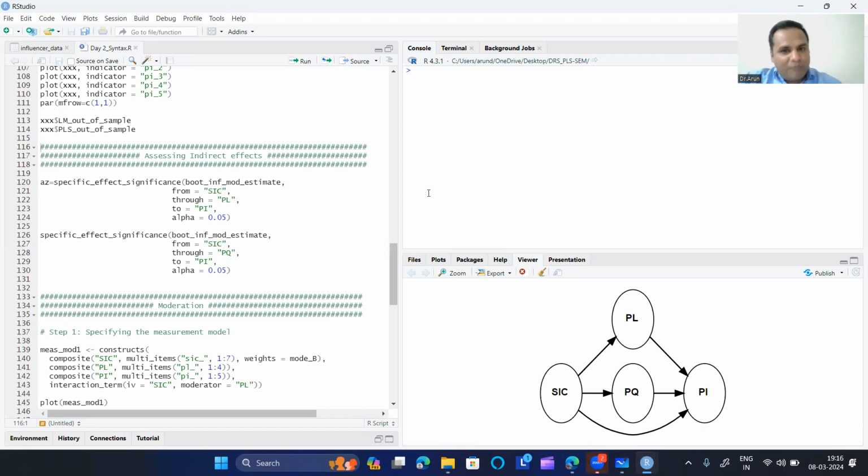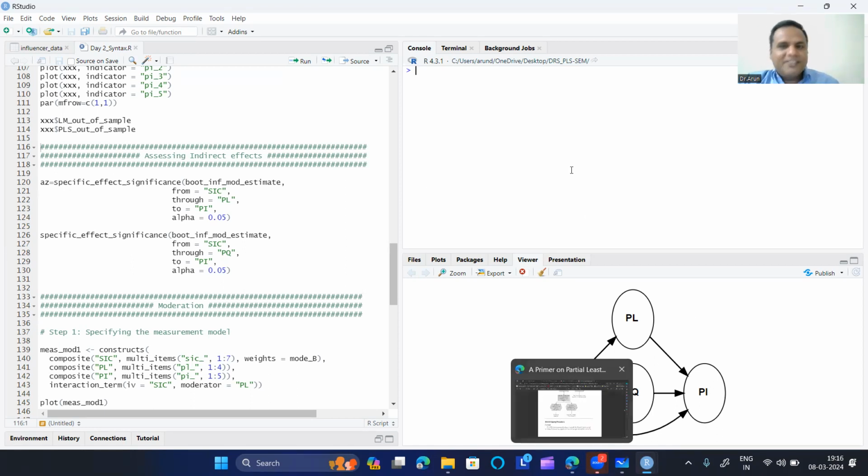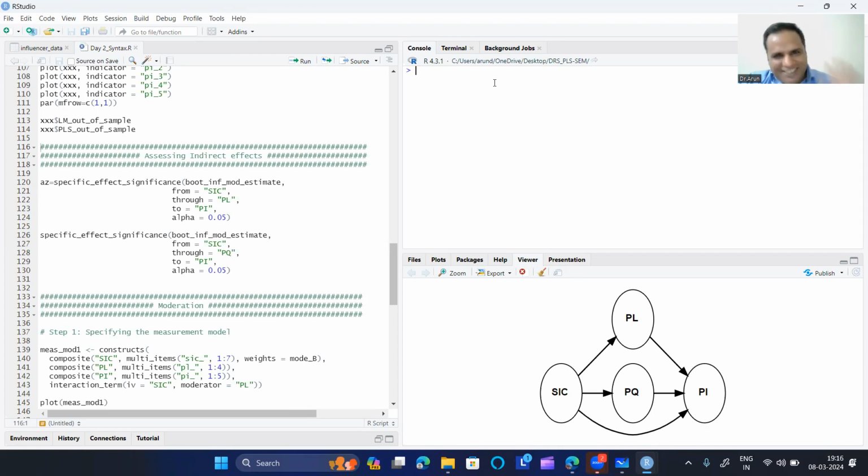The diagram that you see in my PhD thesis that I showed you, yes, I plotted the diagram using seminar because plotting was easy. Simply plot the structural model, and you'll get it. So plotting in my PhD thesis is based on the seminar package. But I had no motivation left to go further.